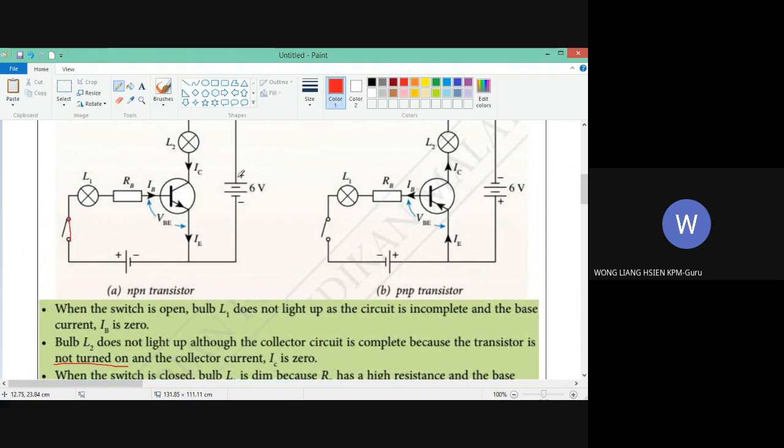A small current is enough to turn on the transistor. When the transistor turns on, the collector current will flow and this bulb turns on. This one is bright, and this one is dim because the current is small.